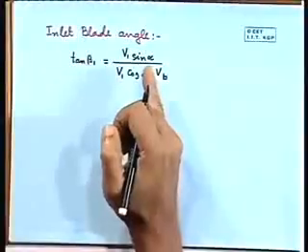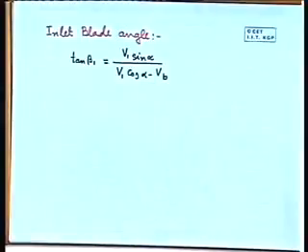We have to know the enthalpy with which steam is entering the nozzle, and the enthalpy with which steam is coming out of the nozzle. When we did the nozzle analysis in the previous class, I discussed this. So, from there I will get V1, and then the nozzle angle should be known to me, and then Vb, the blade velocity due to rotation of the disc, should be known to me.